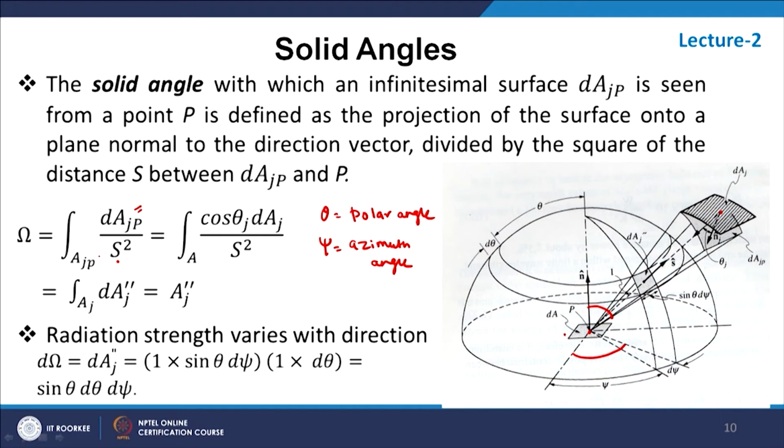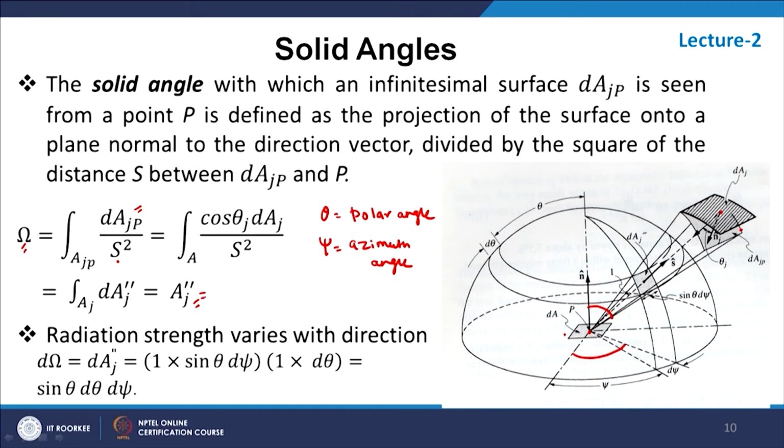So, solid angle basically gives you the idea of the directional dependence of radiation. Now, this projected area need not be here, it can be on the unit sphere. If this projected area is taken on the unit sphere, that is the sphere of radius 1, then this solid angle omega will simply be equal to the projected area.